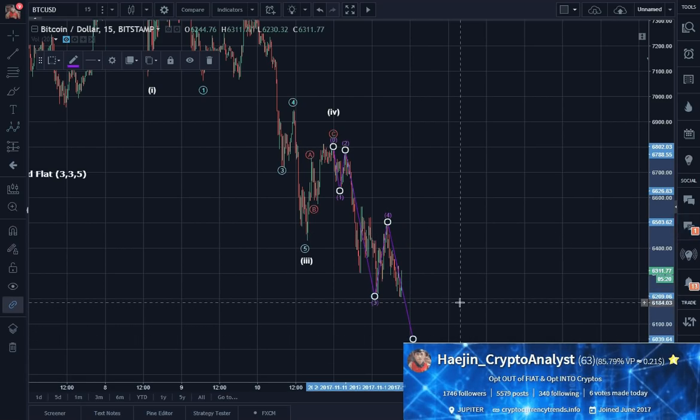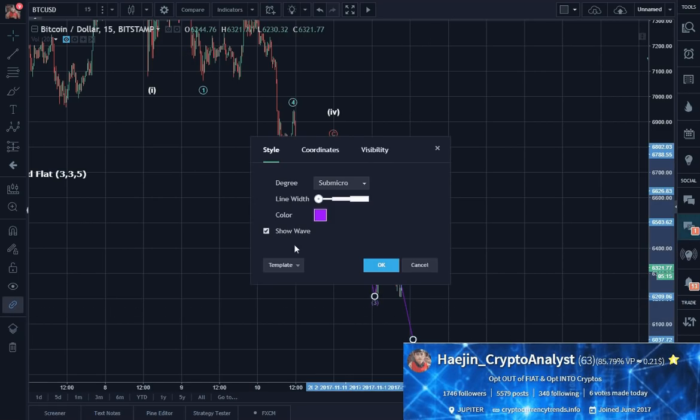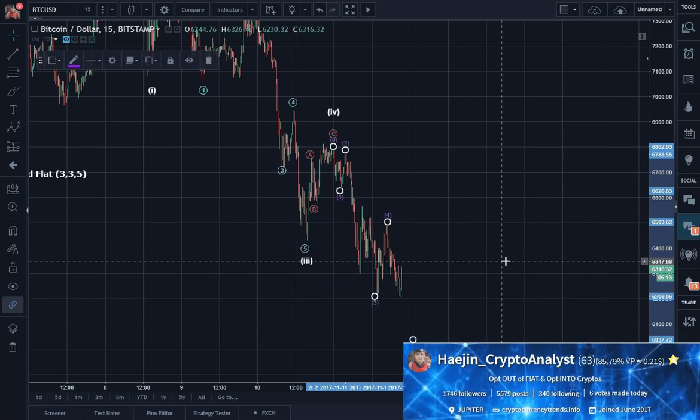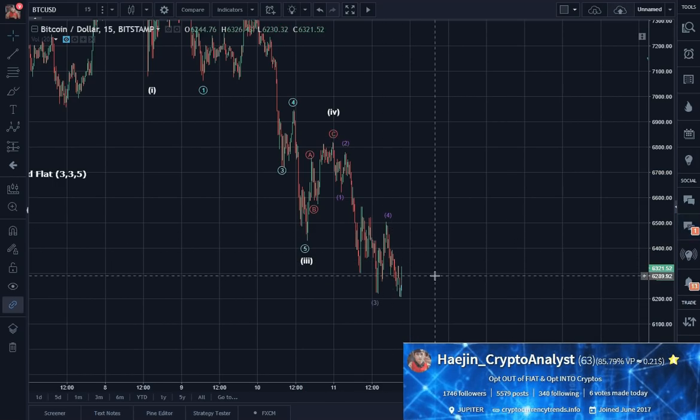Key is where is 5? Where will wave 5 be? And we are on wave 5, I think.